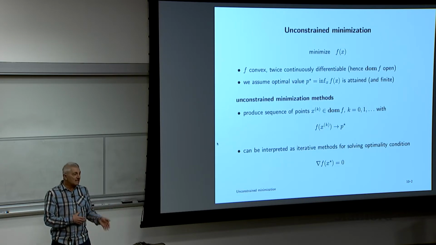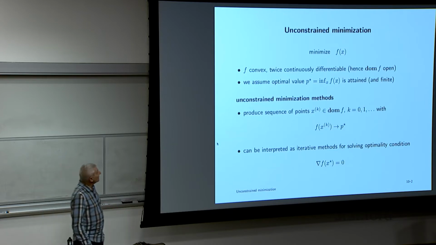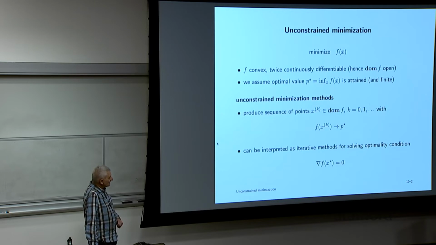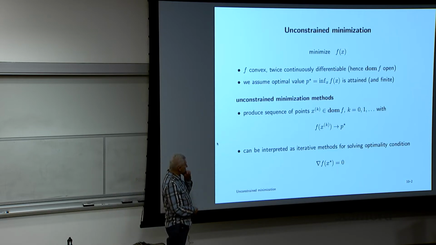And those x's are going to converge to, hopefully, a solution of this problem. The typical thing you're going to get is that the function values converge to the optimal value. Another way to say it is that you're going to have a sequence of points where the gradient gets smaller and smaller.